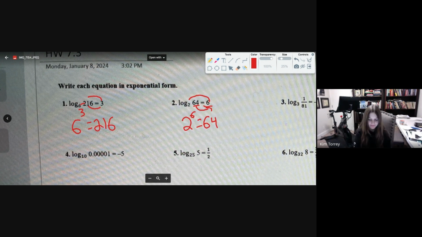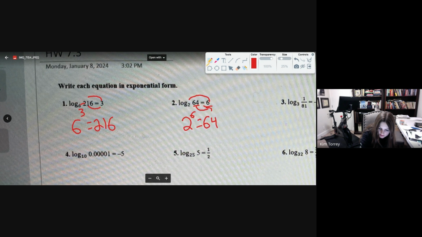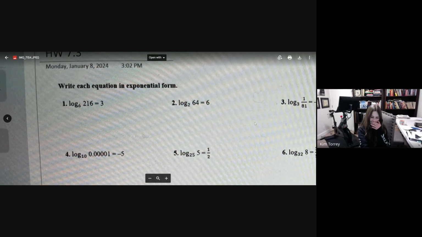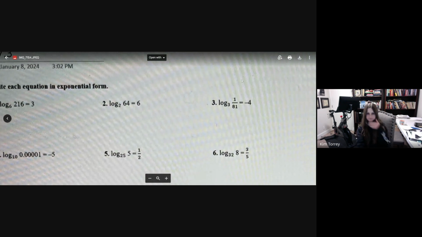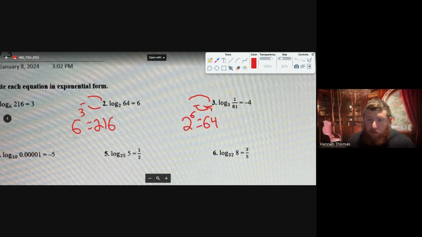For number 3, remember the base is what we start with. You start with 3, and this becomes a new exponent.